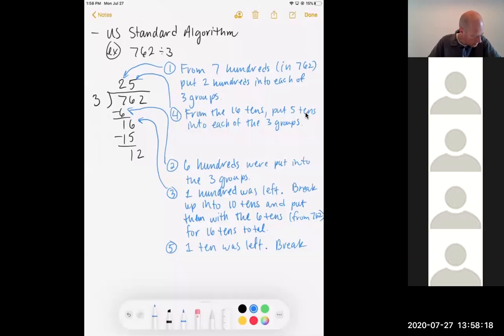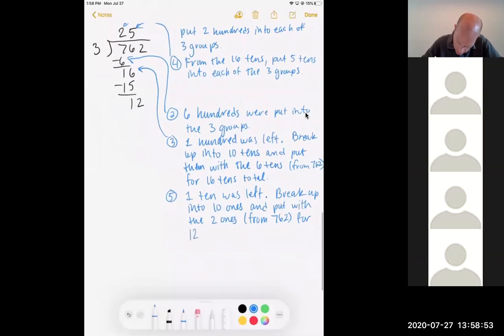So we'll break it up into 10 ones, and put them with the 2 ones from the 762, for 12 ones total. That's what we're going to do here now.